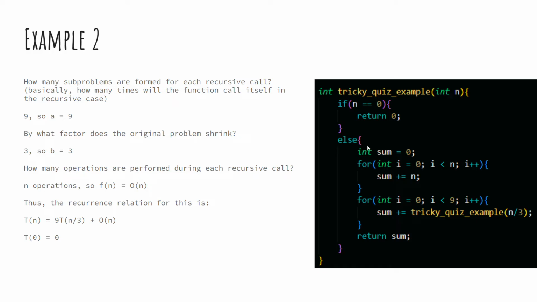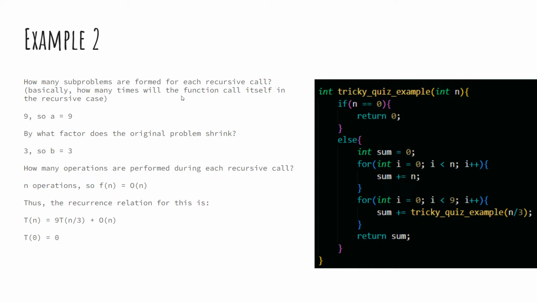Else we take the sum of the first n minus 1 integers, and then add the sum of the first n by 3 integers. So we're breaking down the problem and solving 9 of those problems.